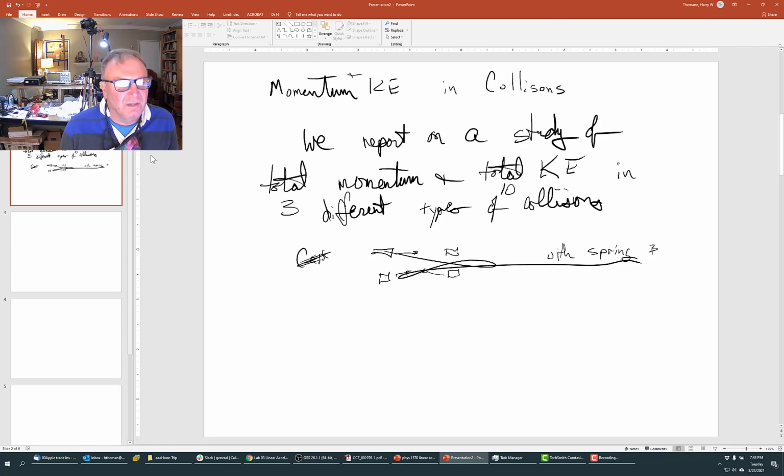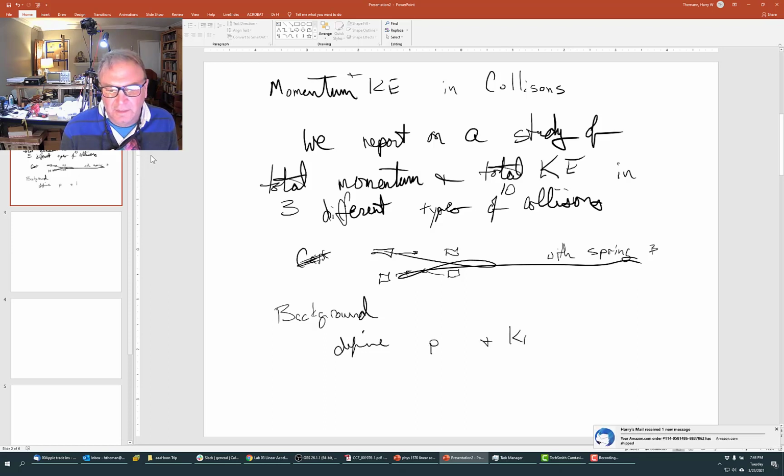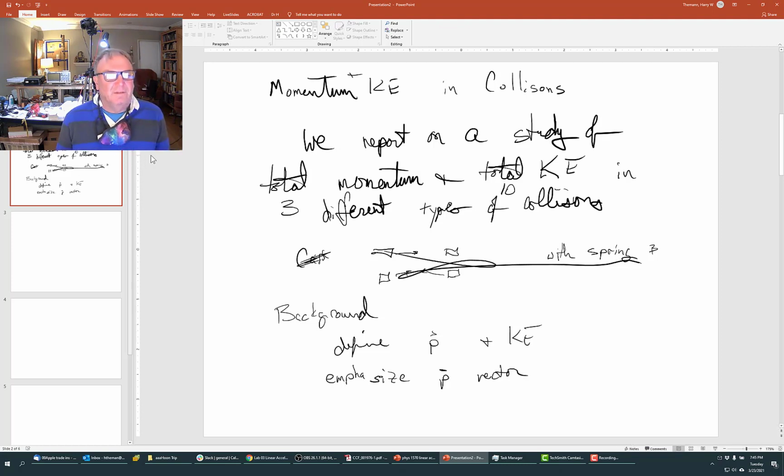So you say, all right, first background, and you define momentum and KE, and make sure you emphasize that momentum is a vector. And since we're doing one-dimensional, we'll say that plus is to the right and minus is to the left.